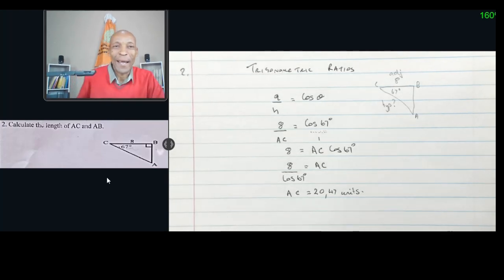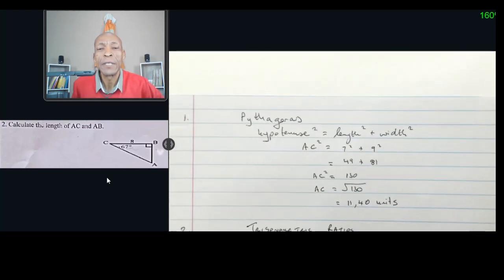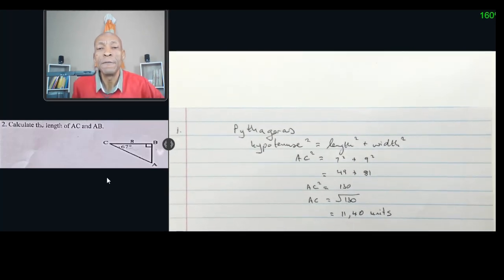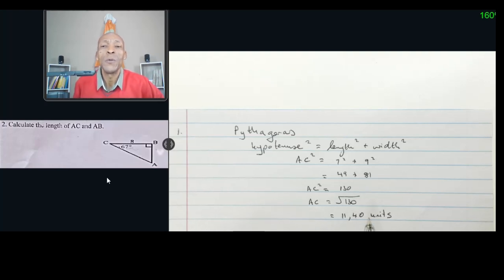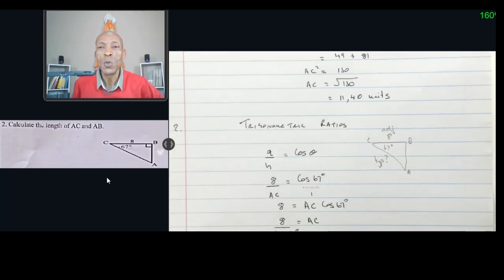Okay. Right. So what is this all about? If I can take just a few seconds more. We did that one in the first activity. And what were we given there? We were given only the sides. So we didn't have an angle. So we couldn't use the principles of trigonometry. We used Pythagoras.